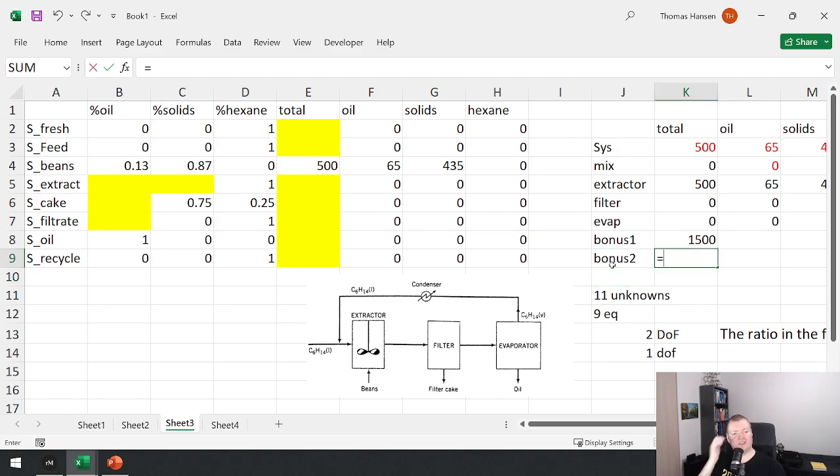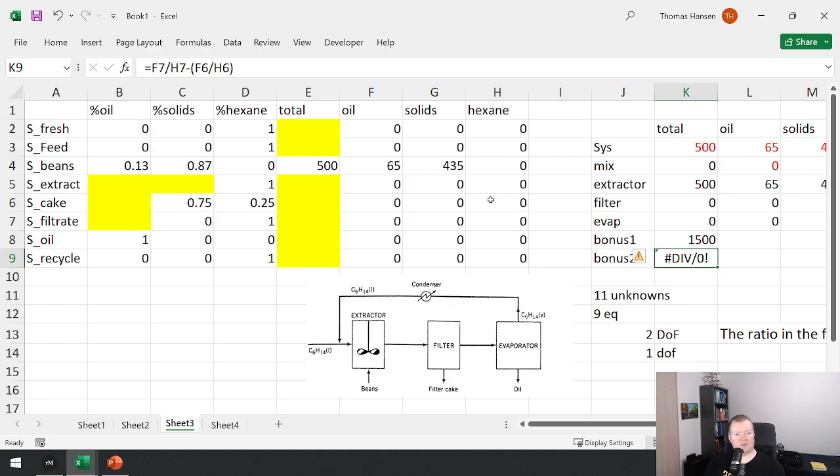So what is the ratio of oil to hexane in this outcoming stream? Well, that would be the mass of oil in my filtrate in relation to the amount of hexane, and I want to compare it to the ratio in my filter cake. So I just want to subtract, and we go to my cake and say I want the oil over hexane in that one.